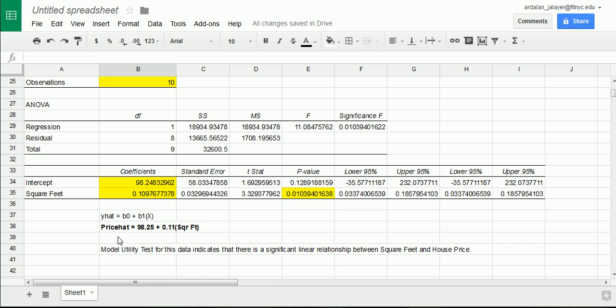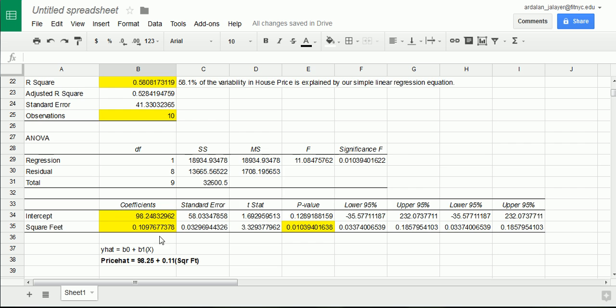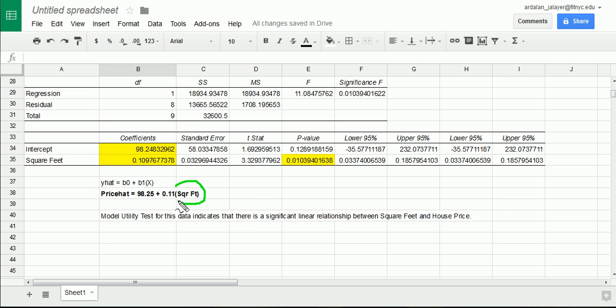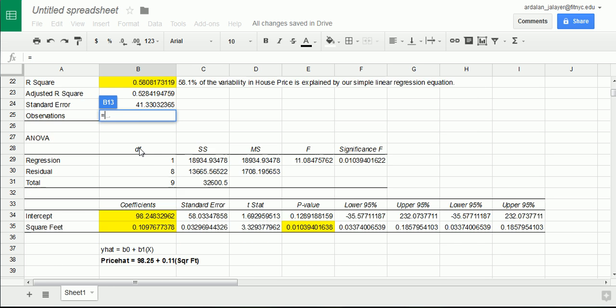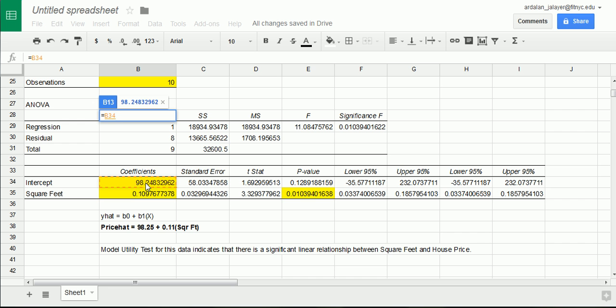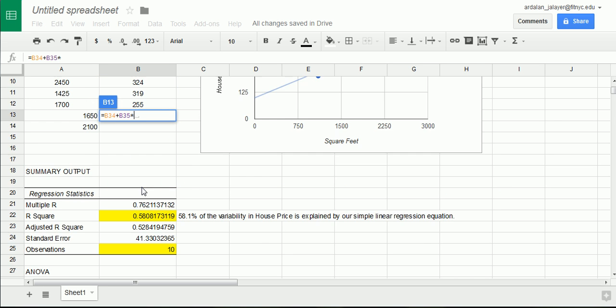So I plug in 1650 into this equation right here, and out will come the predicted house price. So let's do this. Equals, I can just click on this plus this times this.